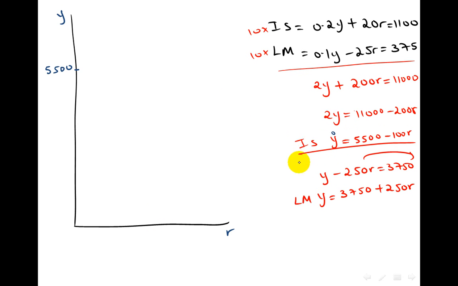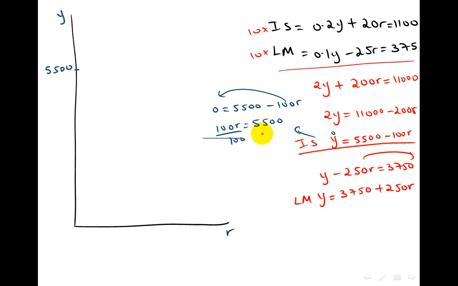So I will do it here. 0 equals to 5,500 minus 100r. Divide both sides by 100. So the value for r would be 55. So let's say you have a 55 here. So this is the IS curve.